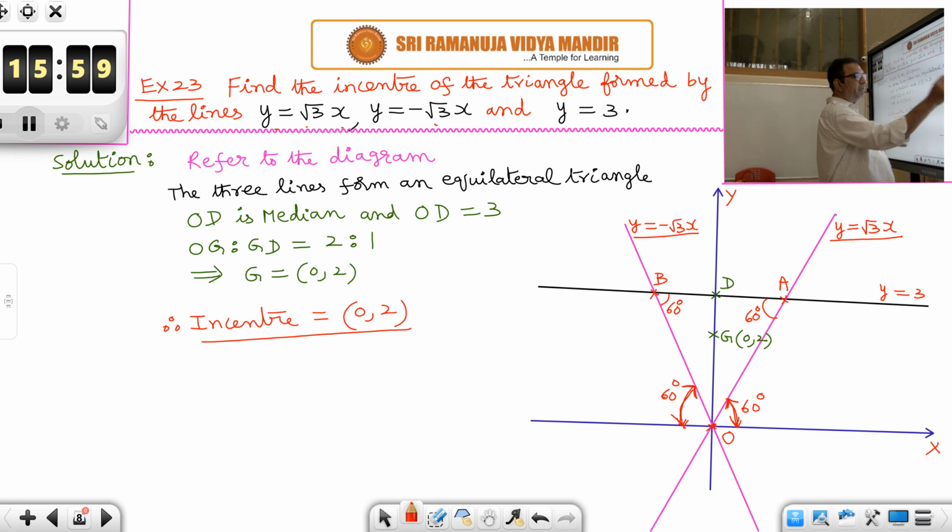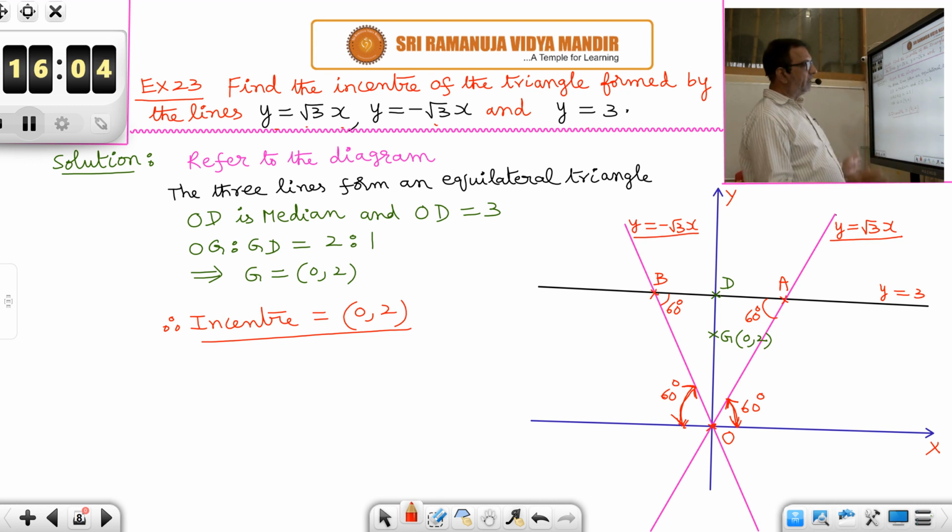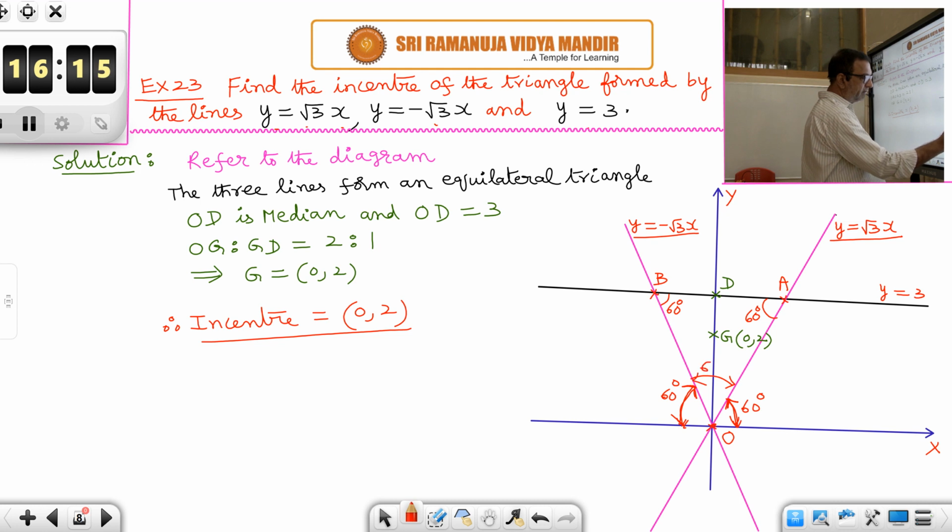So this line is y is equal to minus root 3 x. These two lines are symmetrical about the y-axis, like reflections of each other in the y-axis. So what is the acute angle between them? 60 degrees, because the total angle on a straight line is 180 degrees, so this angle in between must be 60 degrees.